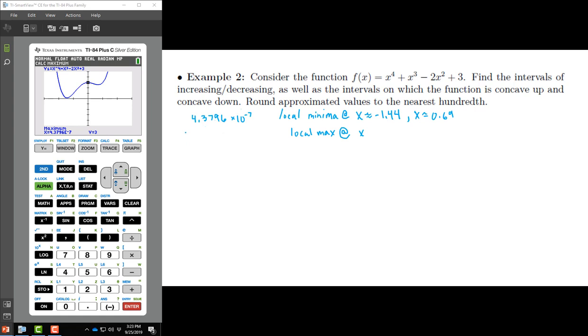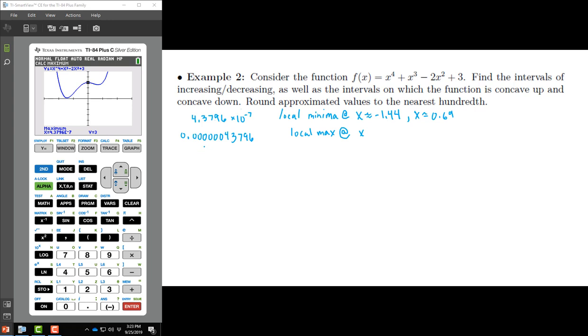So what this number really is, is 0.00000043796.